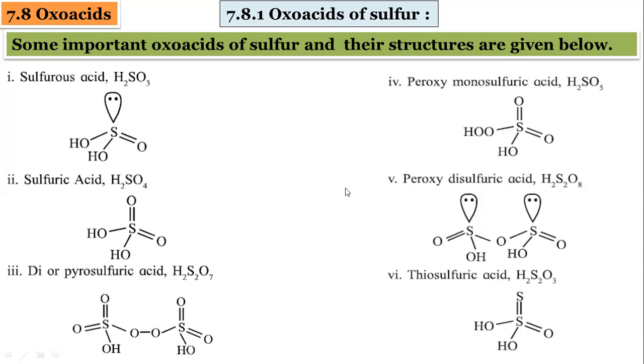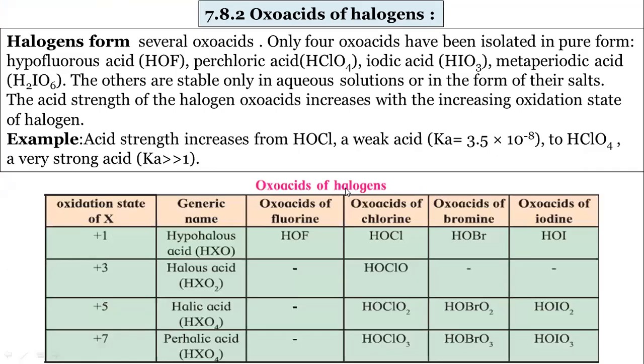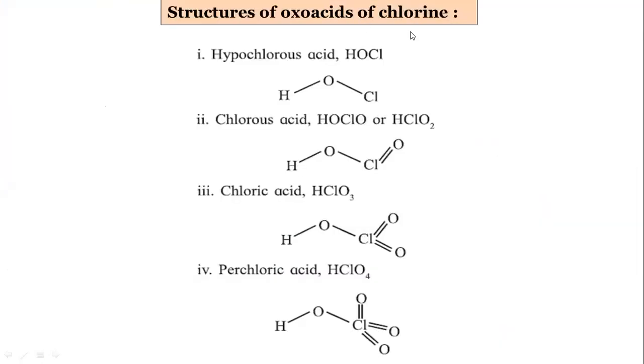Some mistake is there. We will discuss the structures of oxoacids of chlorine. So there are 4 oxoacids of chlorine, remember. First one is hypochlorous acid, HOCl. HOCl is hypochlorous, then HOClO, or it is also called HClO2. Only oxygens we are increasing.